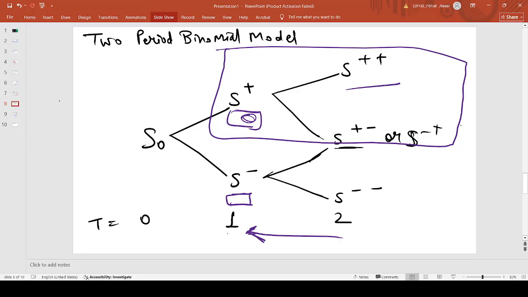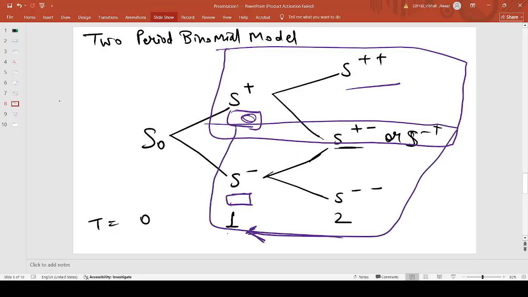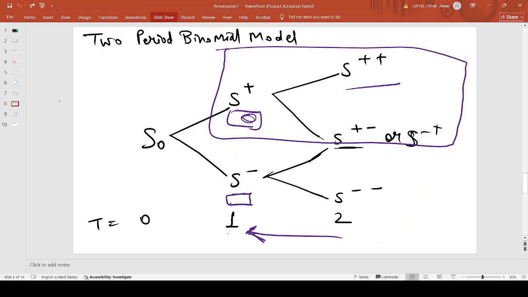Similarly, this will act as a one period binomial model, and these two will give you one value, which you will discount and bring here. Then you will get two values, which you solve using the probabilities to come to one value, discount it, and bring it to time t0. So that is how it will happen. Let's look at the example and understand.